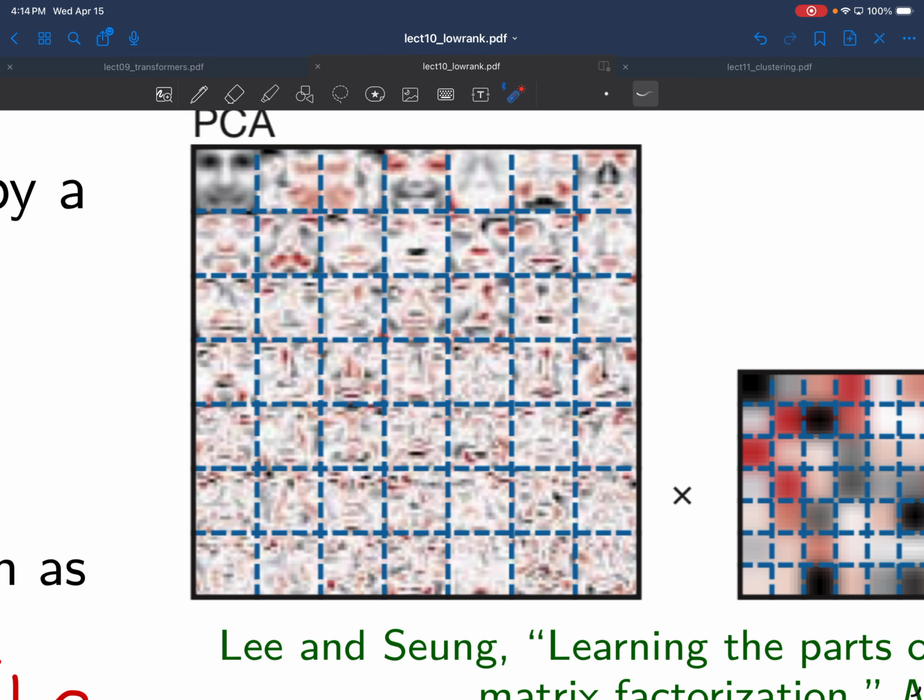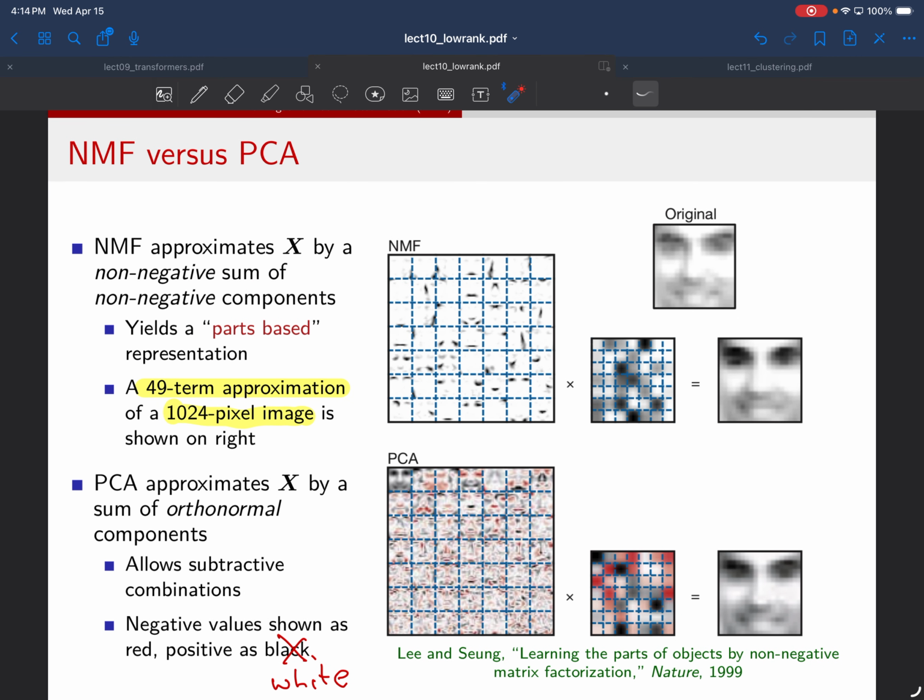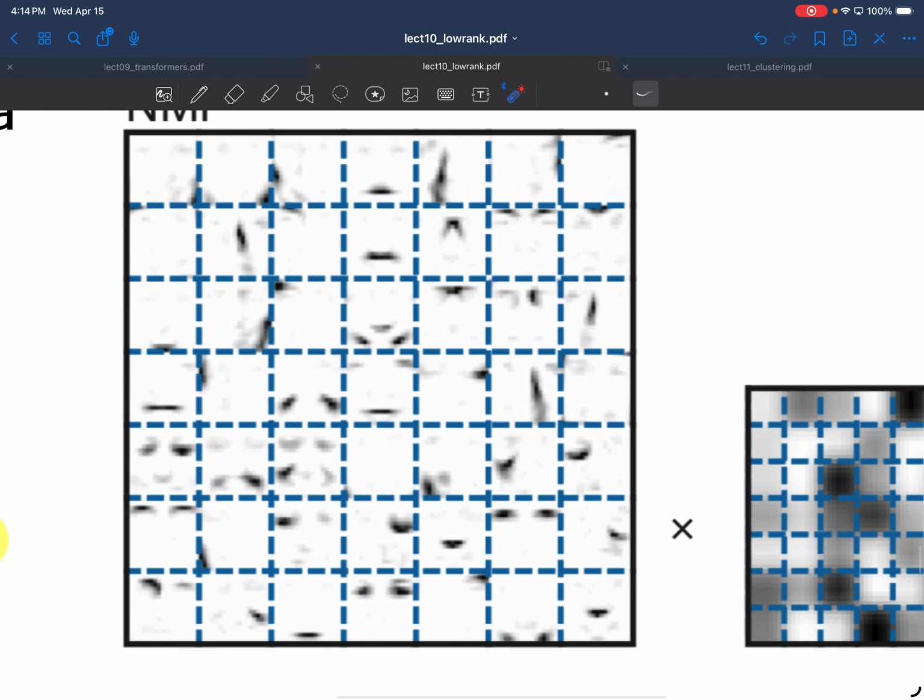On the other hand, non-negative matrix factorization builds its basis vectors like those, and then these are the coefficients that scale each of these to construct this approximation. The approximation is of a similar quality, but when you look at the components, they're more interesting. You can see things like eyebrow shape or the bottom of the chin, the lighting there.